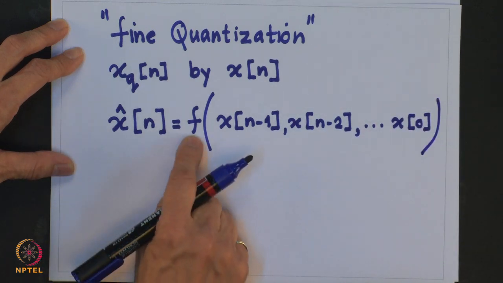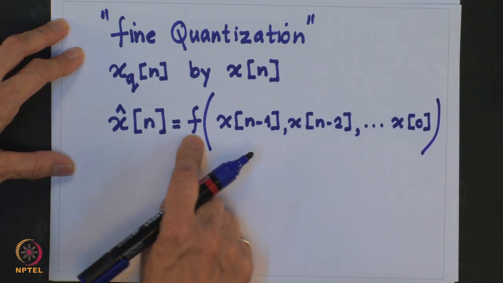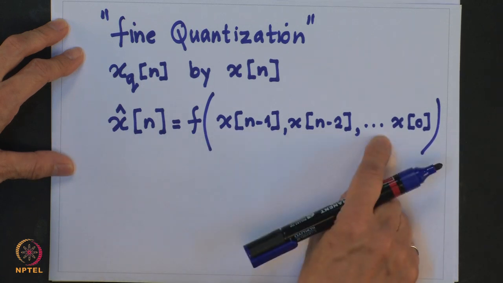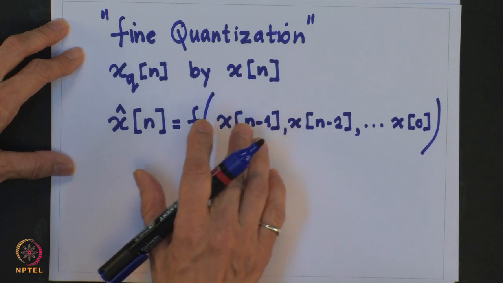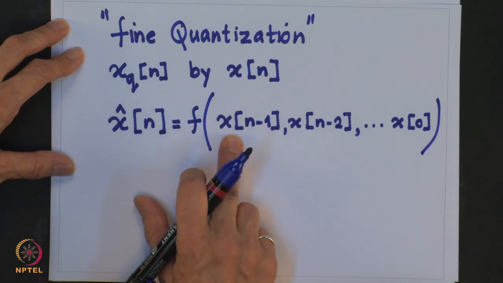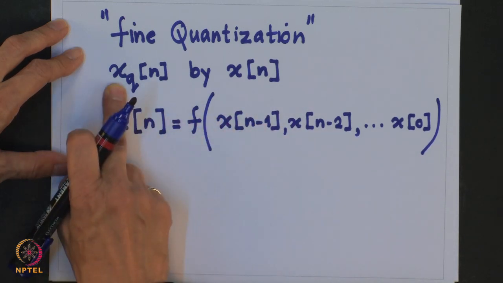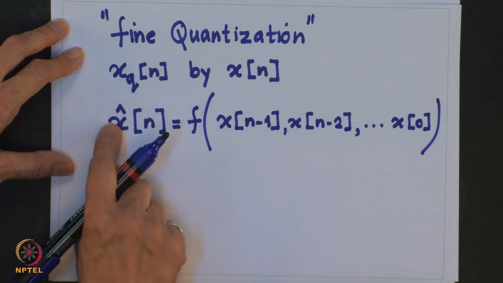Once the function has been found using the past original samples, we can use the reconstructed values xq to obtain x hat.